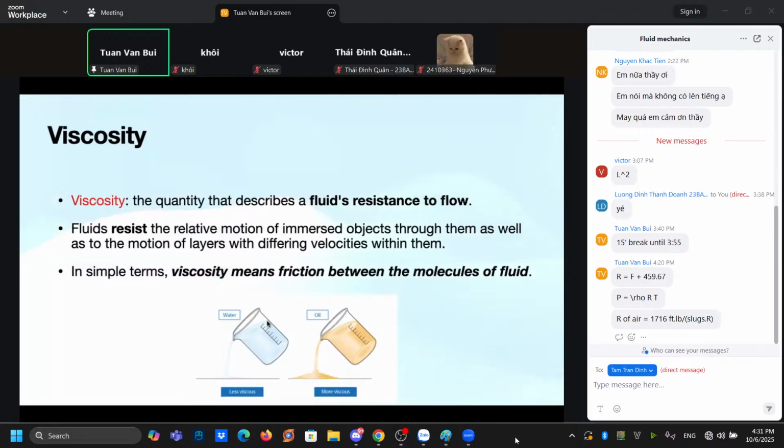If you pour the water and the honey out of a box, you can see that because the water is less viscous, it will flow everywhere on the floor. But the oil or the honey is more viscous, or has higher friction, so it will not flow everywhere on the floor, but will be concentrated close together. You can see that in the figure here. Okay?